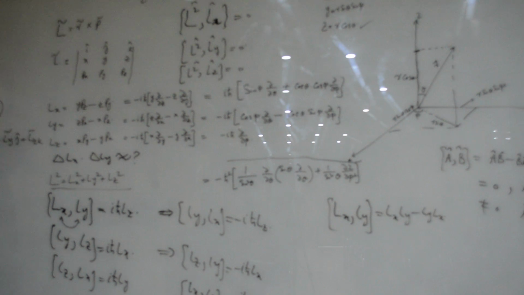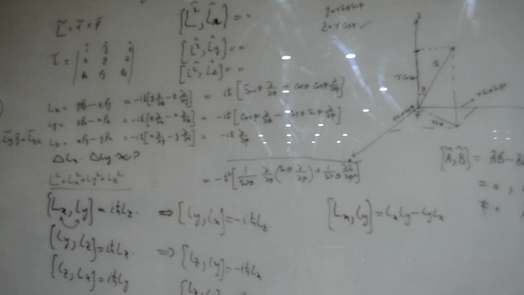Okay. One thing more. Look at all these mathematical things and think of physics. The short outcome of physics out of it is that 3 components of angular momentum are there.